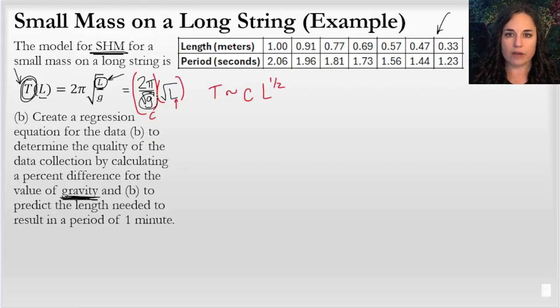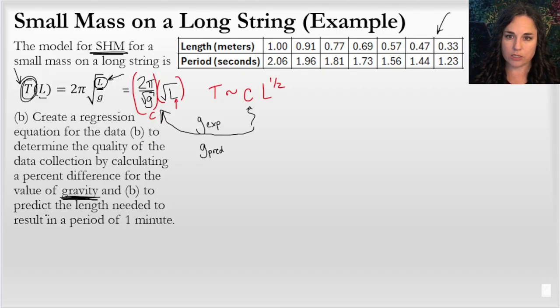Notice the value of gravity is in this constant. So if we get a regression model with some constant, we can get our experimental value of gravity and compare it to the actual value of gravity. So that's what we're going to do.